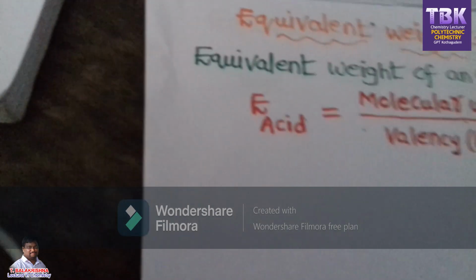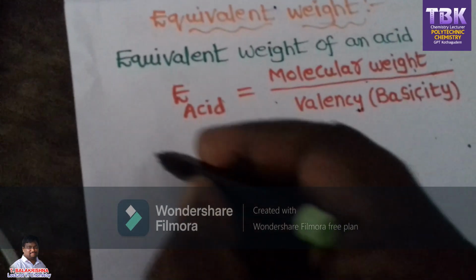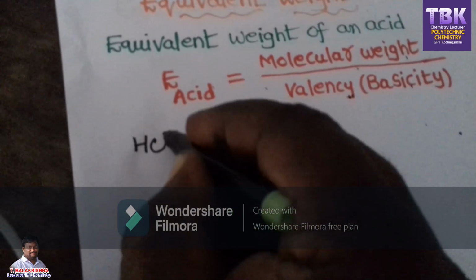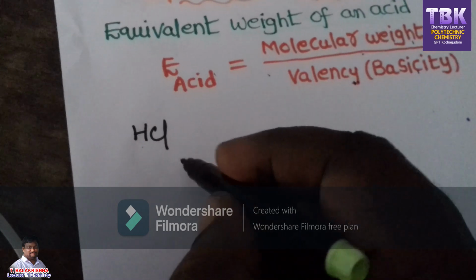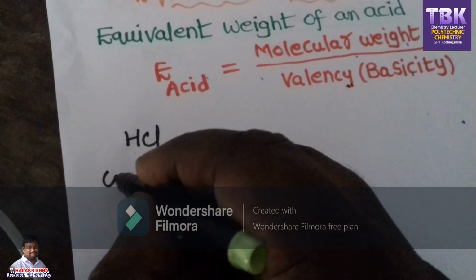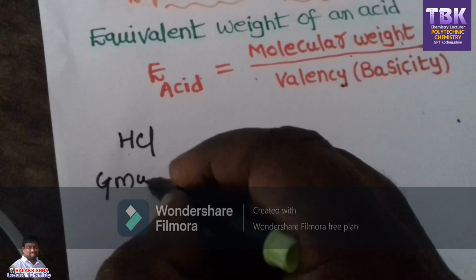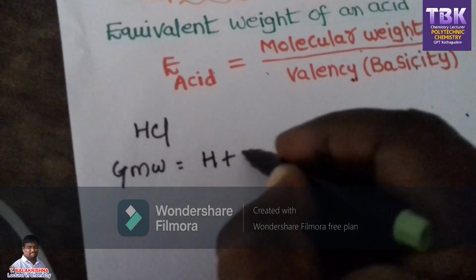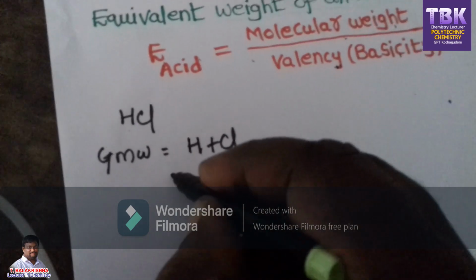Take one example to understand the equivalent weight of an acid. First, hydrochloric acid. It contains hydrogen and chlorine. If you want to calculate the gram equivalent weight, first you calculate the gram molecular weight. Gram molecular weight is equal to the sum of the atomic weights in the molecule, hydrogen and chlorine.